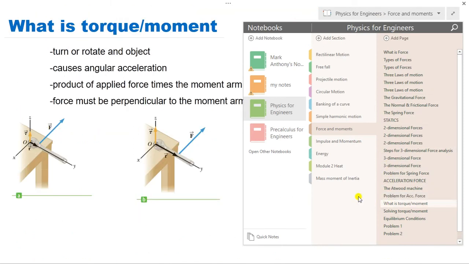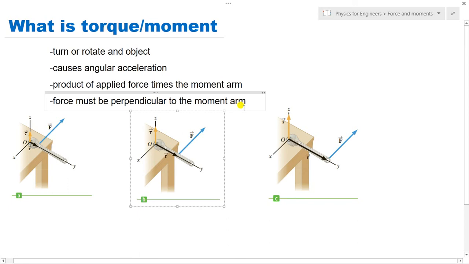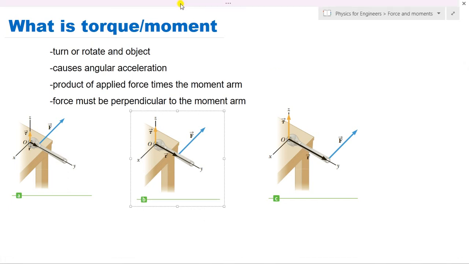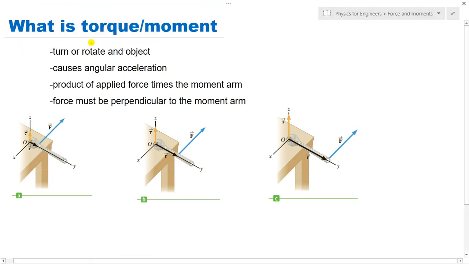So our next topic, since we already did acceleration and forces, is torque or moment. Torque, class, is associated with turning or rotating an object.